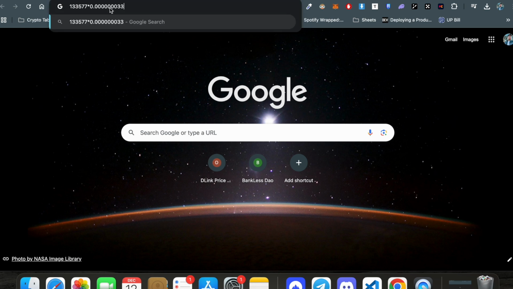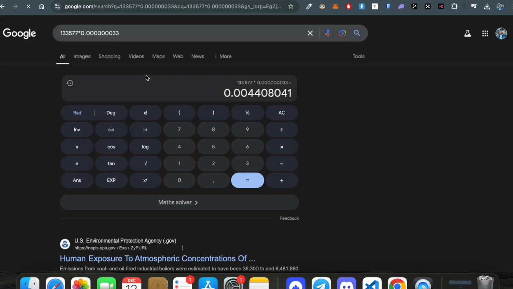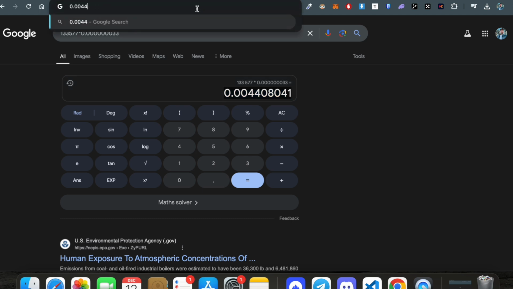So let's multiply and see if we get the results. So this is the gas fees around 0.0045 ETH. So this will be the fees required to execute this transaction.